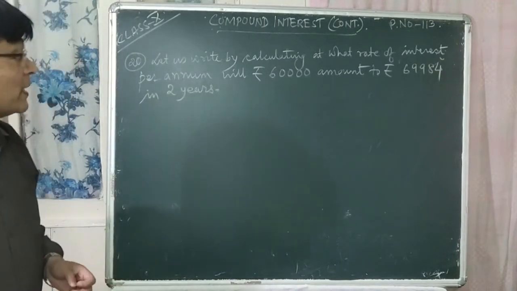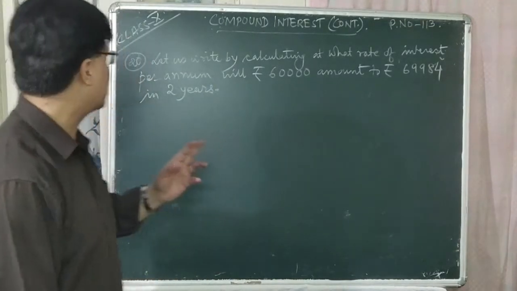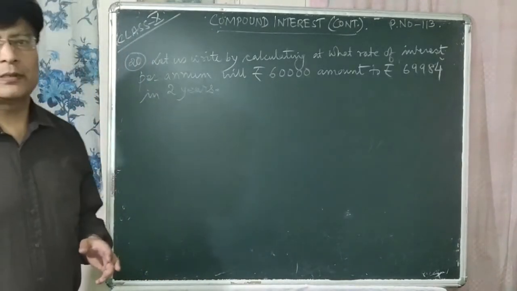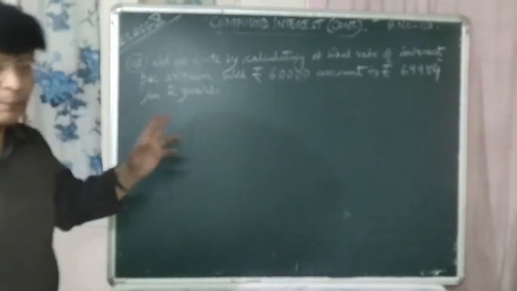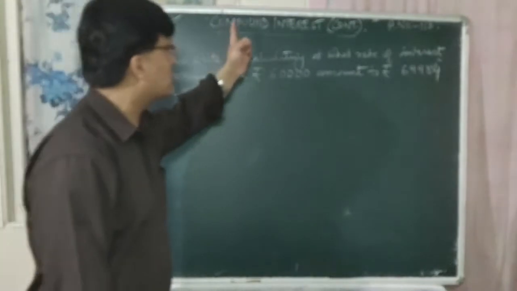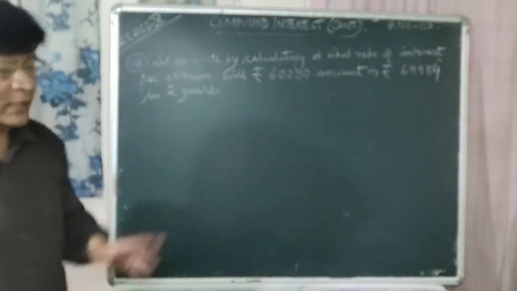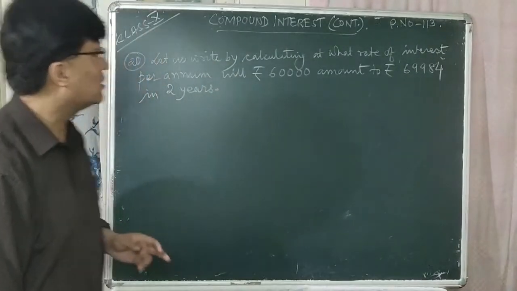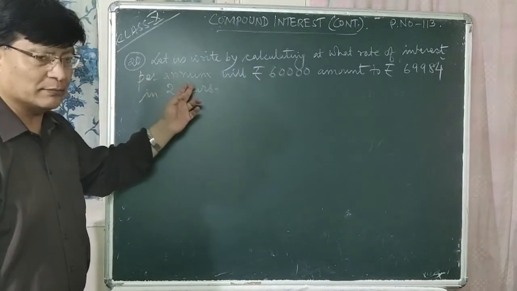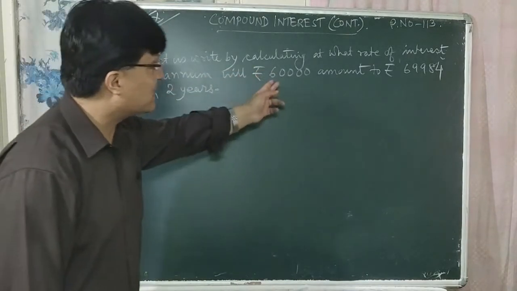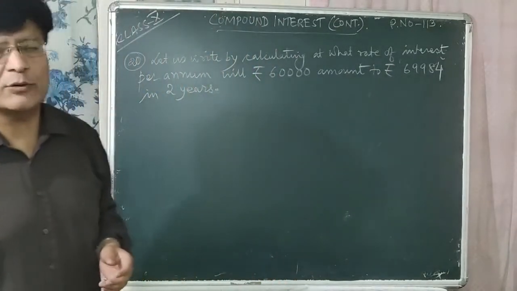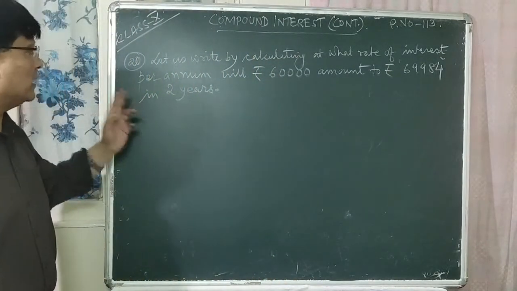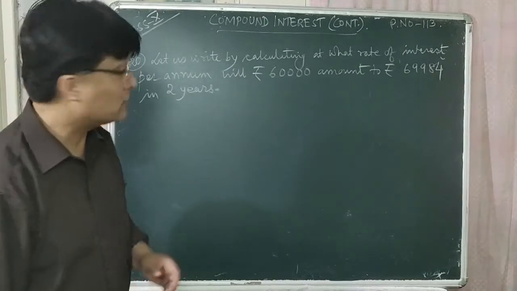So let us write: by calculating at what rate of interest per annum. Here it is asked at what rate of compound interest per annum will rupees 60,000 amount to rupees 69,984 in 2 years, right?